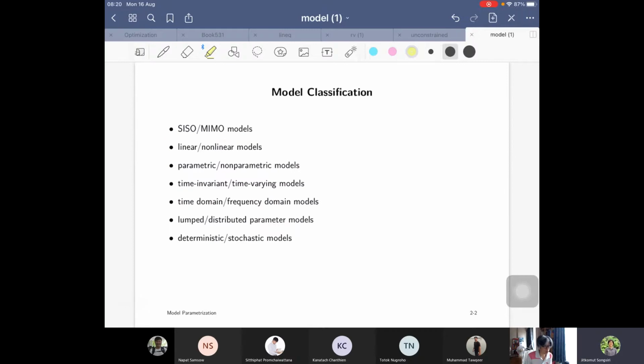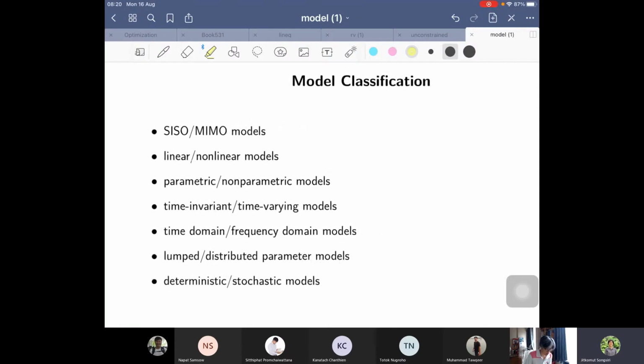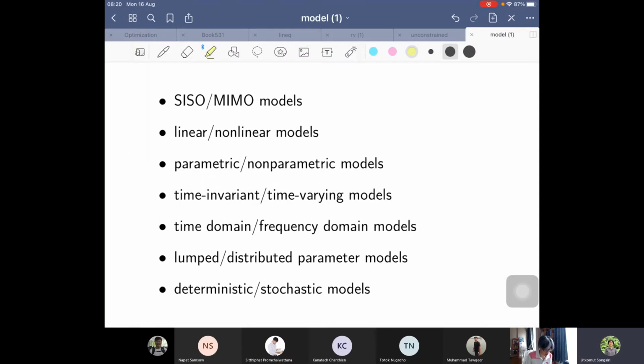When we talk about the model, as we gave you some examples in the last video clips, we can classify the models into different groups according to different criteria.